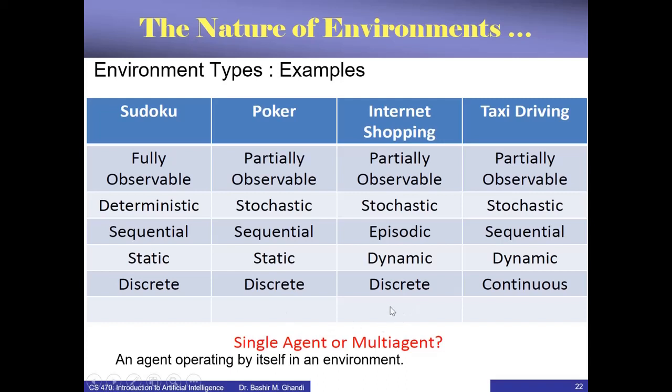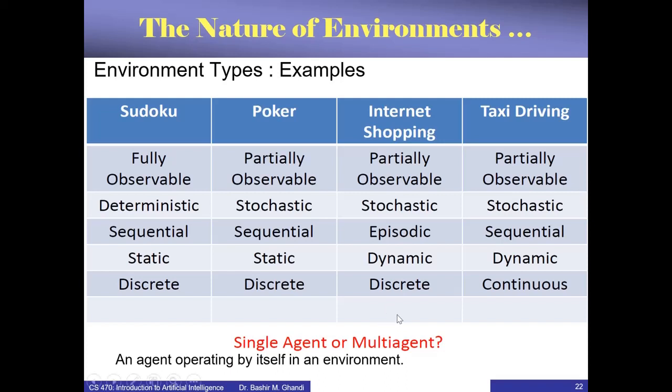And as we said, internet shopping, even though you don't see the other shoppers, they are there purchasing the items. So if you act too slowly, the item may be purchased by the other shoppers and you will lose it. So it is multi-agent.